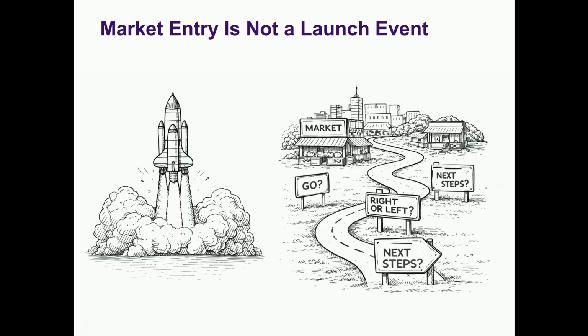So, really don't think of this as a rocket launching and the person making the technology can shake off their hands and walk away. It really begins at the research and development stage and continues after the product launch.